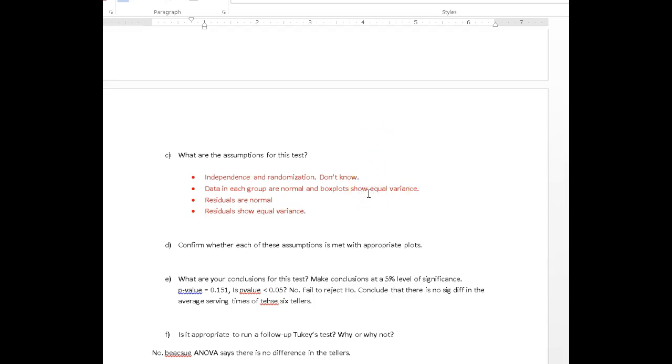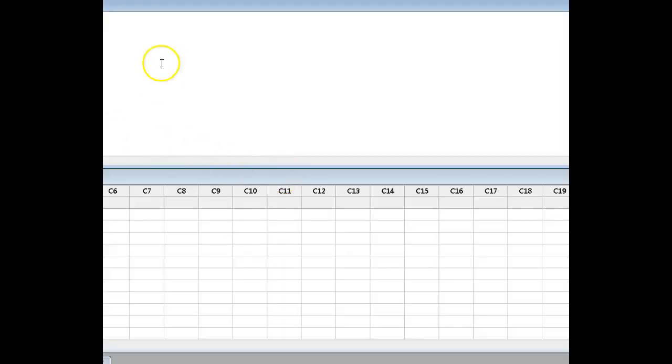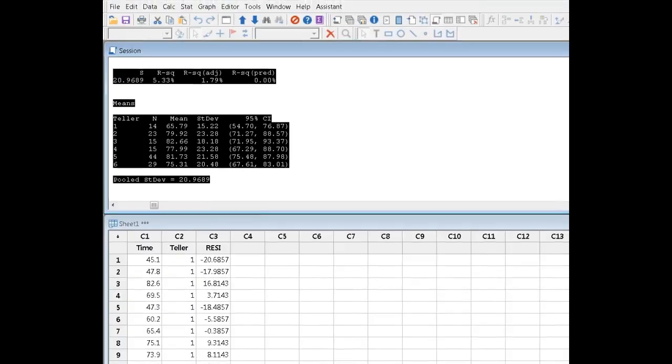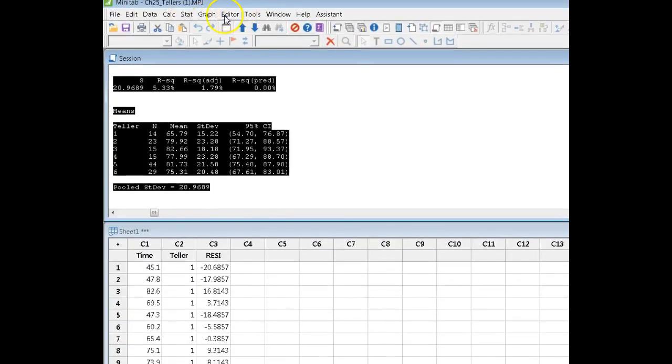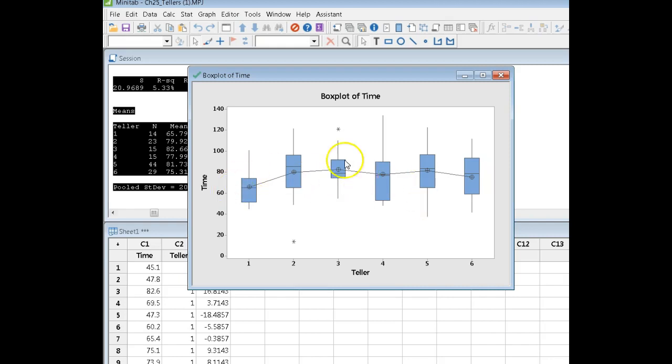Okay, data in each group are normal and the box plots show equal variance. Well, let's go back to our Minitab. What did Minitab tell me? Let's get back our plots again. Box plots. Box plots are mostly normal, but I have 2 groups that have outliers. That may be an issue for these data.